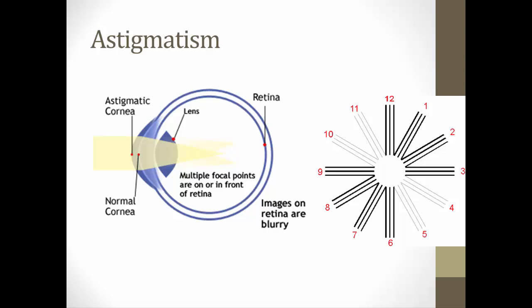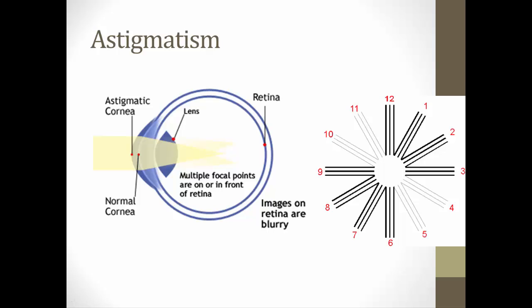In the old days, I have an astigmatism, I used to go to the doctor's office, and they'd show me this chart. The chart actually has lines coming out in the 12 areas around the circle, and all the lines are in reality equal thicknesses.